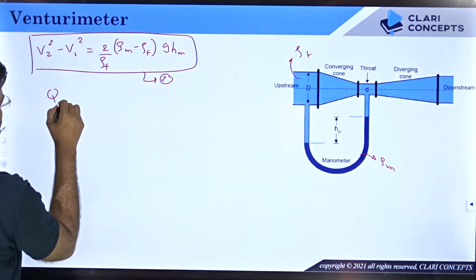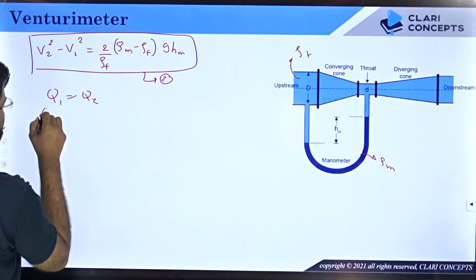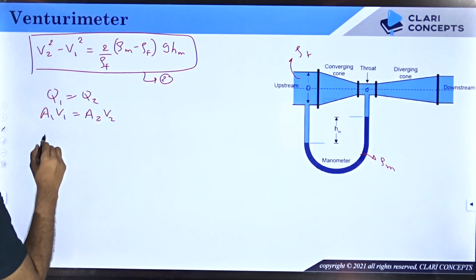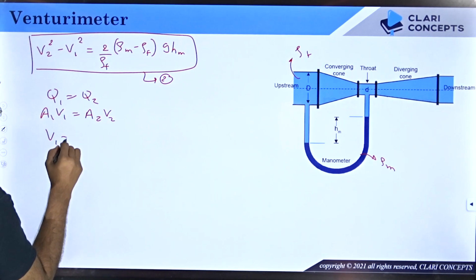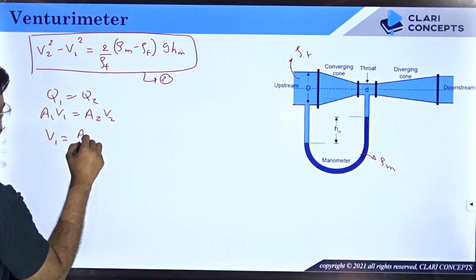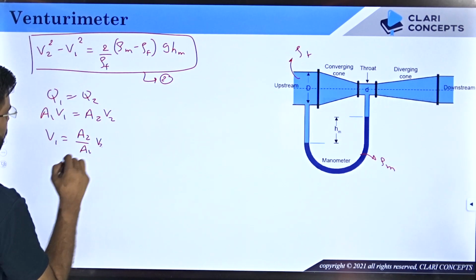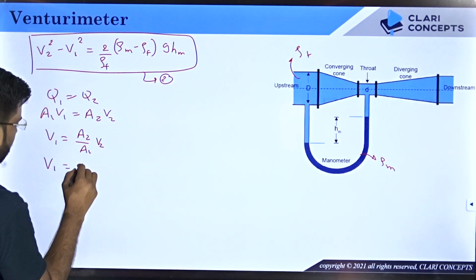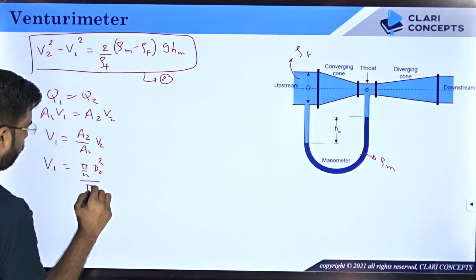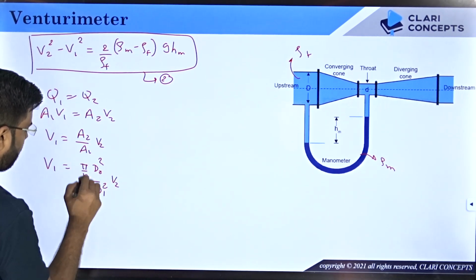You know that Q1 is equals to Q2. That means A1 V1 is equals to A2 V2. That means V1 is equals to A2 by A1 into V2. So V1 is equals to pi by 4 D2 square divided by pi by 4 D1 square into V2. This pi by 4 is cancelled.